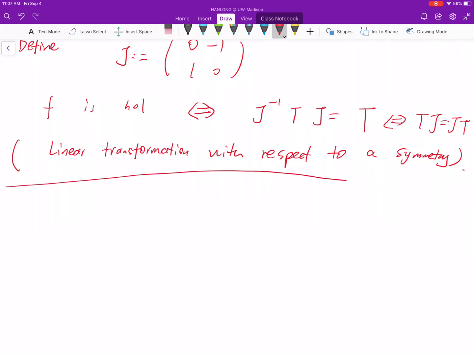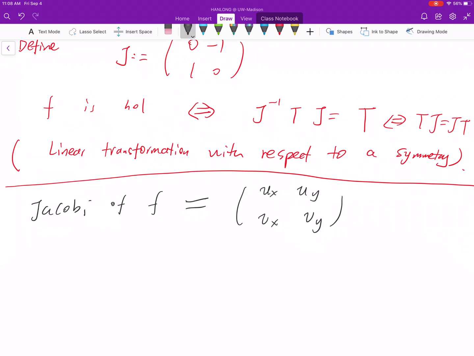This can be easily generalized to nonlinear functions, because we all know that the derivative is just a linearization of functions. Recall that we have the Jacobian of f, a matrix given by (u_x, u_y; v_x, v_y). Of course, here we view f as a map from R2 to R2.